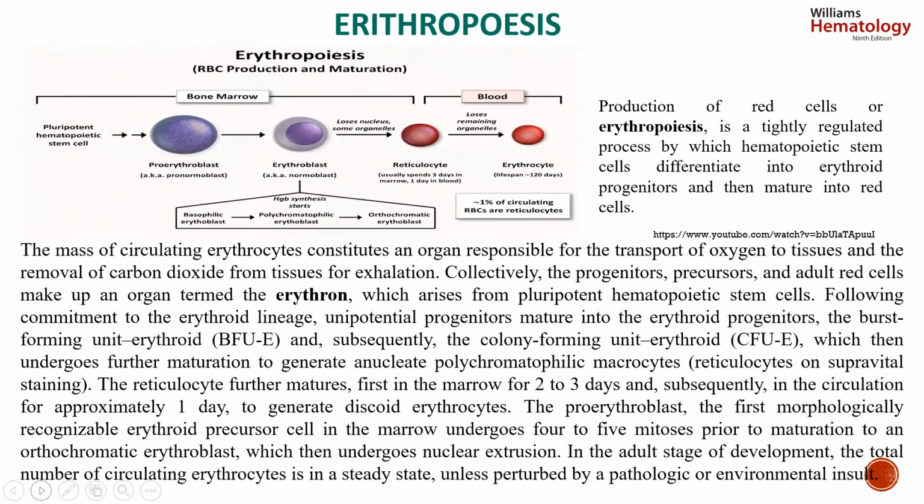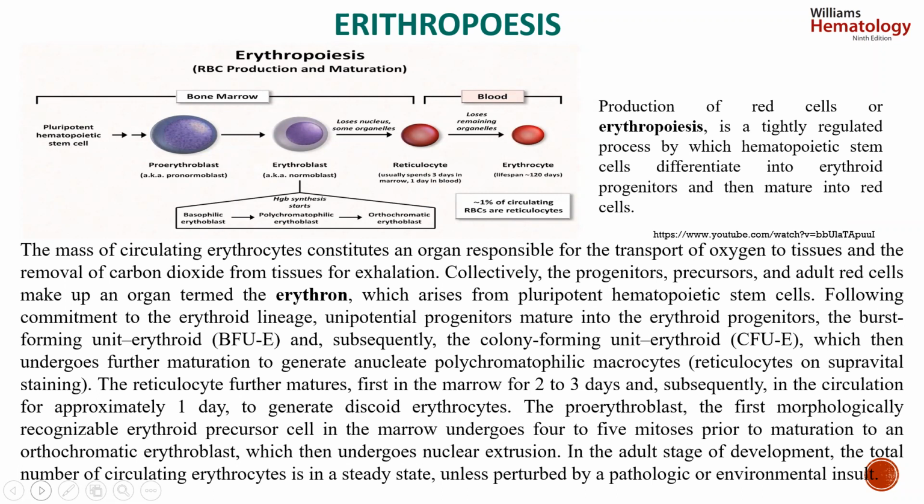Production of red cells, or erythropoiesis, is a tightly regulated process by which hematopoietic stem cells differentiate into erythroid progenitors and then mature into red cells. The mass of circulating erythrocytes constitutes an organ responsible for the transport of oxygen to tissues and removal of carbon dioxide from tissues for exhalation.